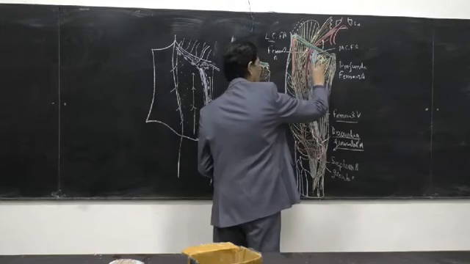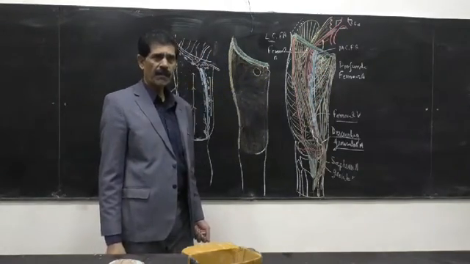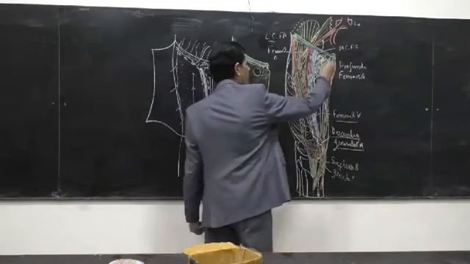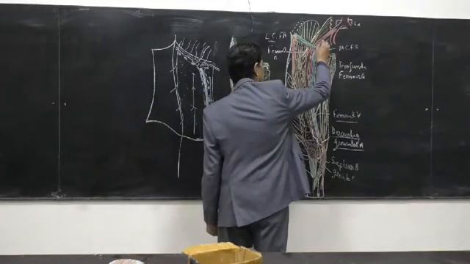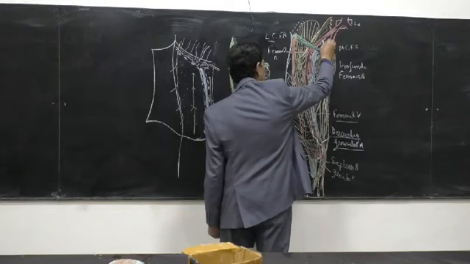Here this femoral vein passes below the inguinal ligament and enters into the pelvic cavity. Now its name changes, now it is called the external iliac vein.